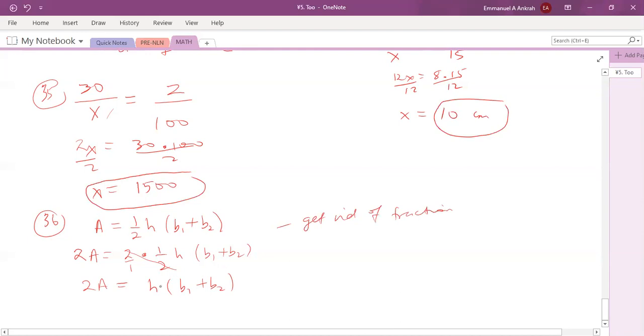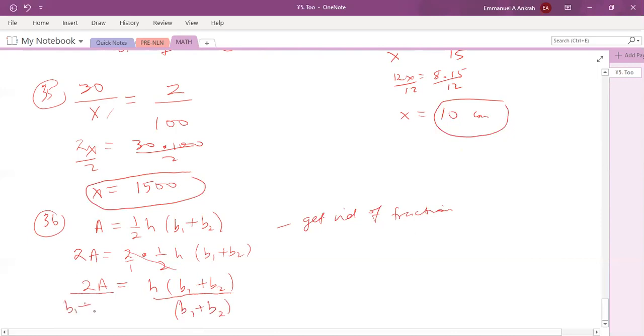So at this step, now you have H times B1 plus B2. So the H is multiplying. So now you want to undo the multiplication to get H by itself. So this is the time, as you said, you have to divide. So you have to divide the left side, the right side by B1 plus B2. Whatever you do to the left side of any equation, do the same thing to the right side.